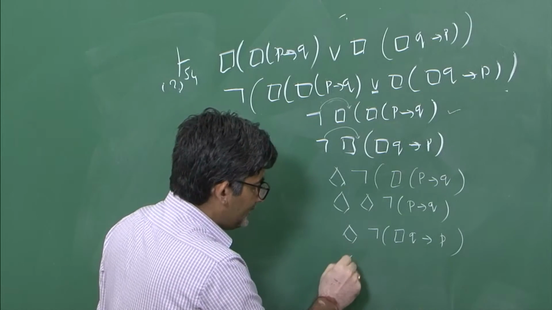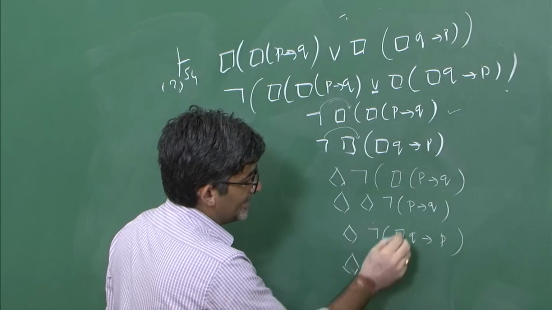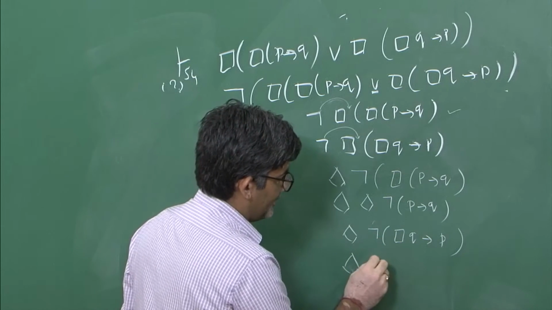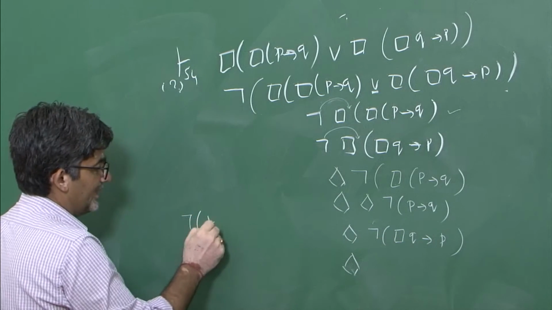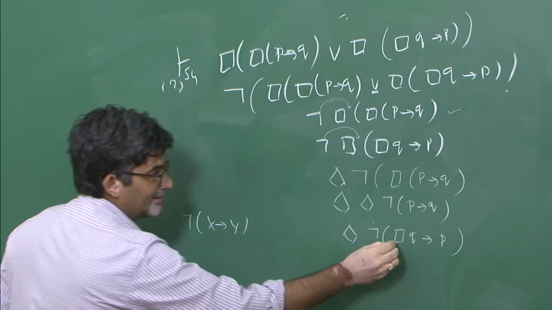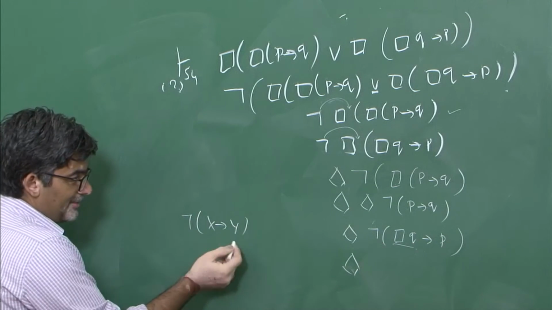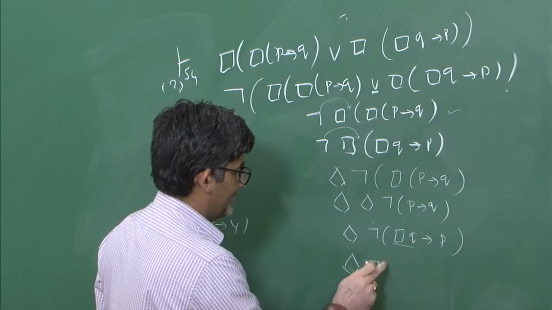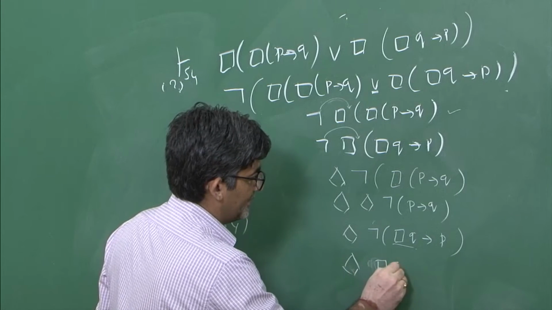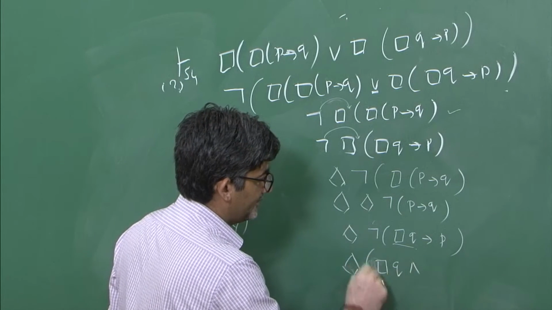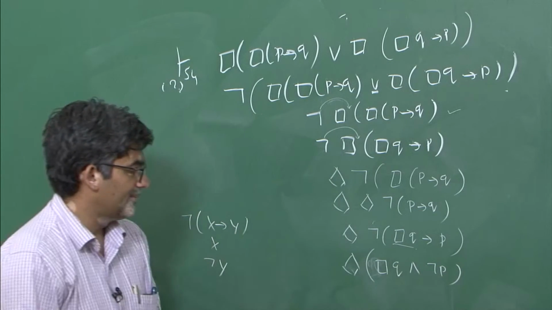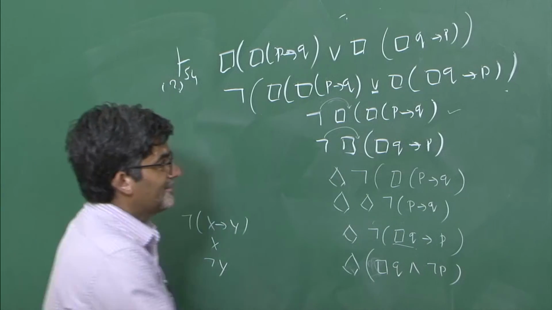Now we have the formula x implies y. Negation of x implies y is x and not y. So x is Q and not y is not P here. So this is the one which we have now.